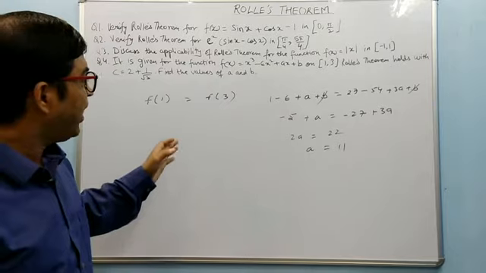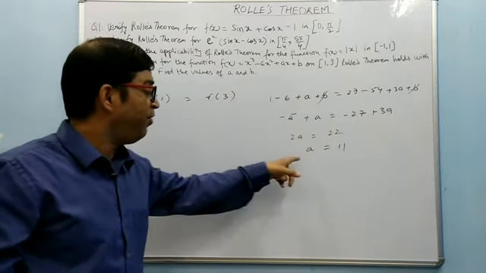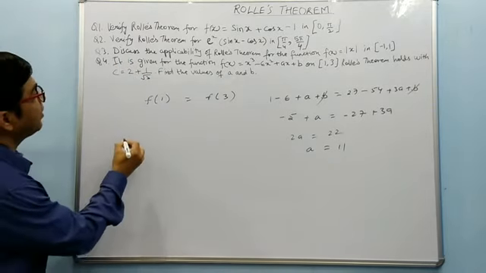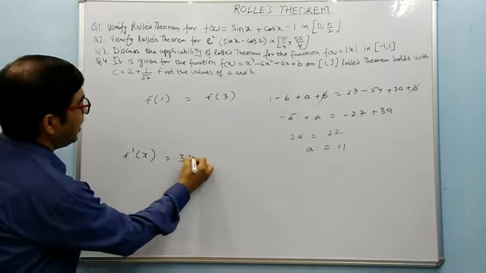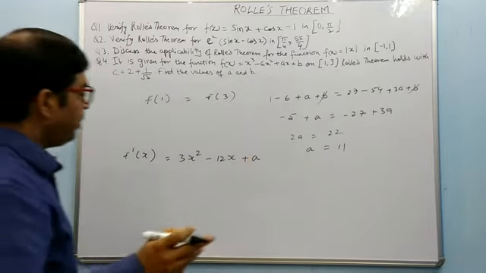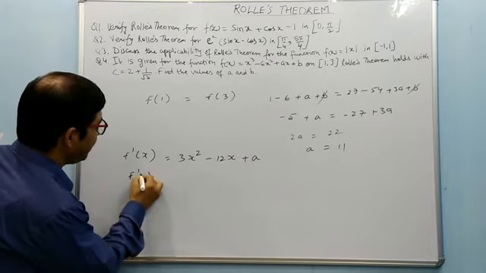Now we need to find the value of b. A we got because f(a) is equal to f(b). Now f'(c), if we differentiate this, is 3x square minus 12x plus a. We put the value of c because f'(c) has to be 0.